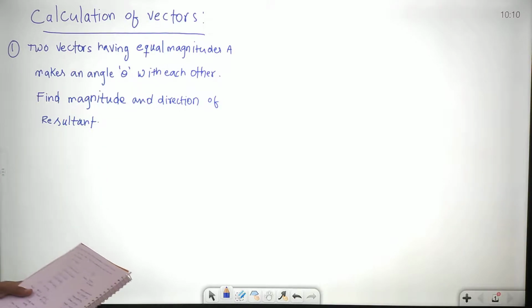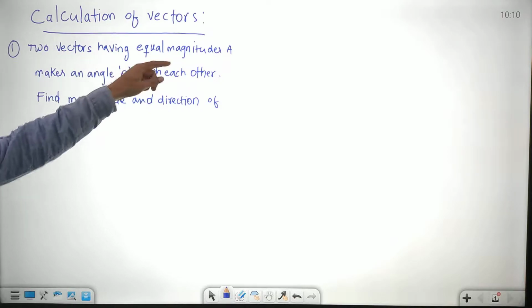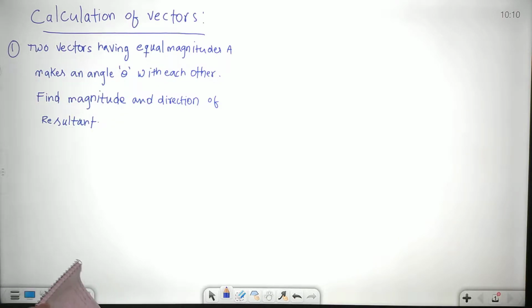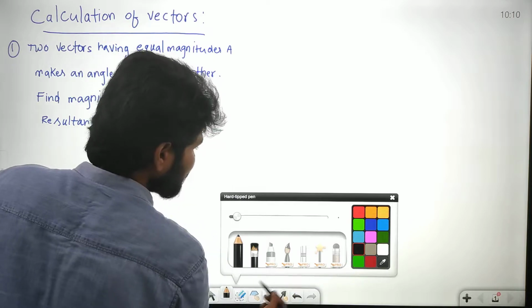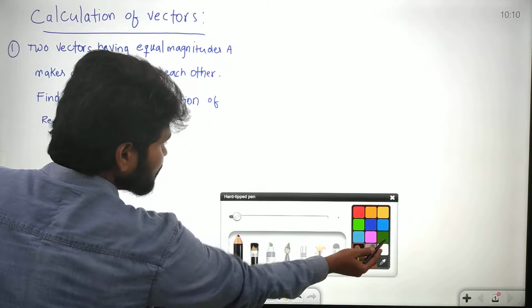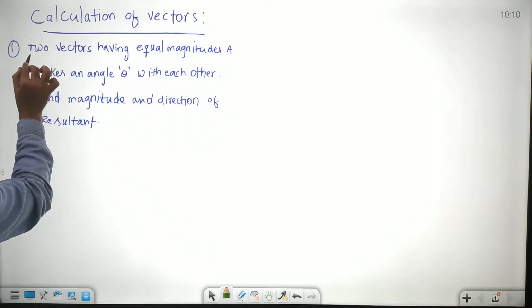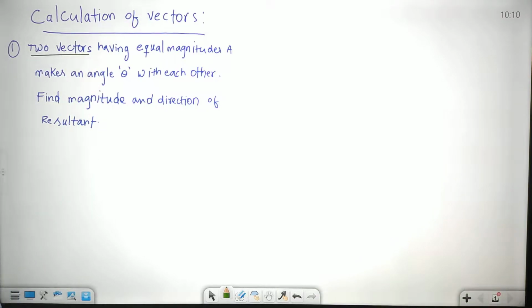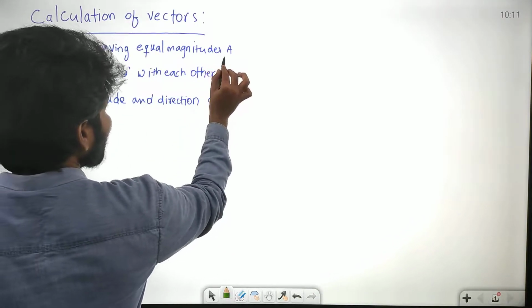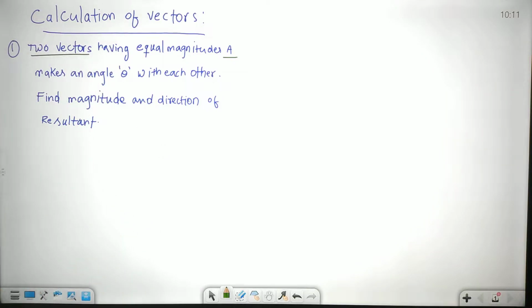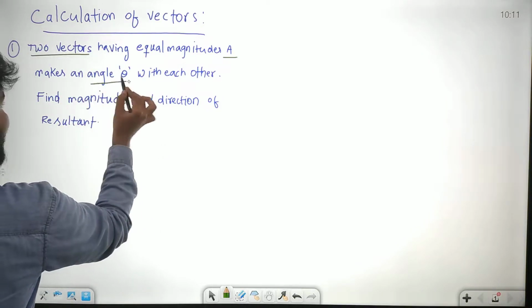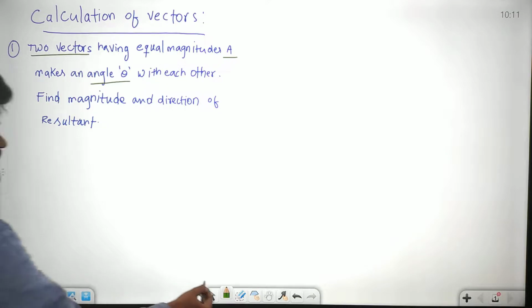See, here they give the two vectors, right? Let's take the concept. These two vectors have the same magnitudes, and there is an angle. So let's take the discussion.